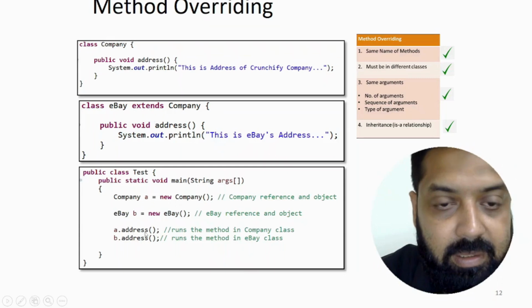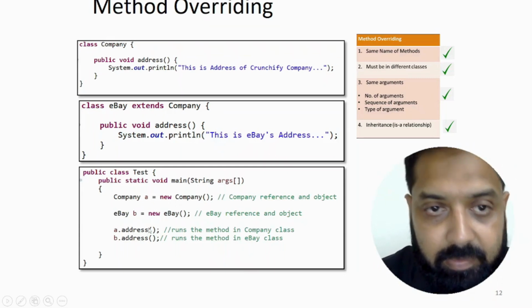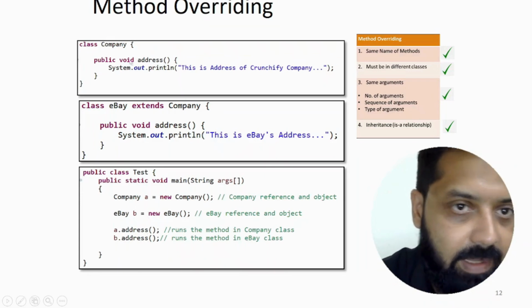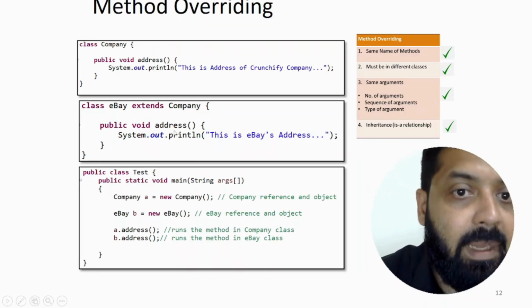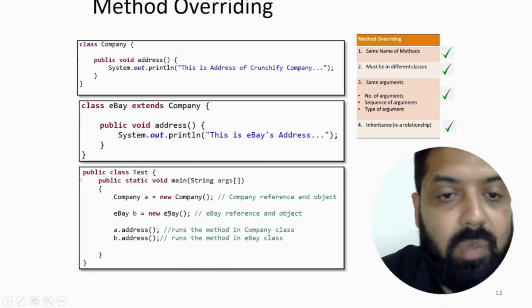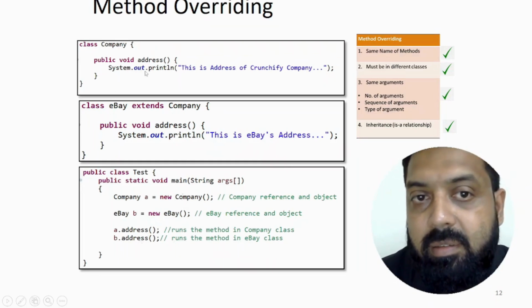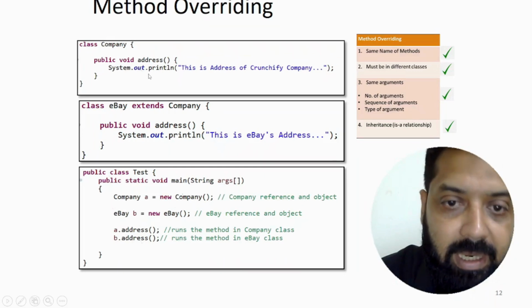Now you can access the member functions of your Company class. A.address can access the Company method, and B.address can access the child method. So whatever the reference variable is and whatever object the compiler created, it can access the method for that class.